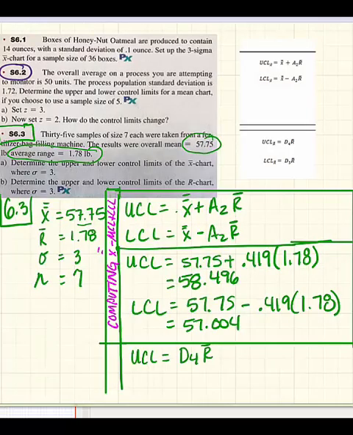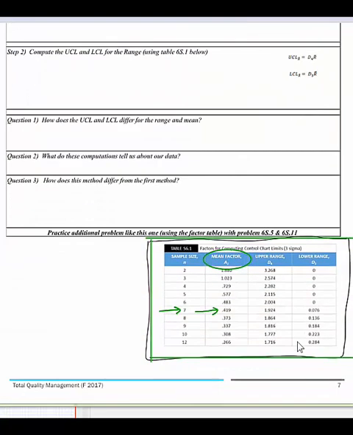So we'll go ahead and calculate the upper control limit for the range using this D4 factor times R bar, and the lower control limit using D3 times R bar. First we'll pull those factors, also using n of 7, so we've got 1.924 and 0.076.